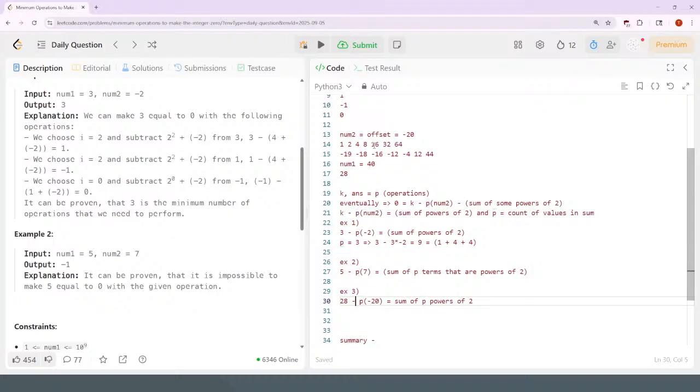P is 2 ends up being 68, or 68 could be 64 plus 4. Or it could be 32 plus 32. No, 68. No, it's not. 64 plus 4.